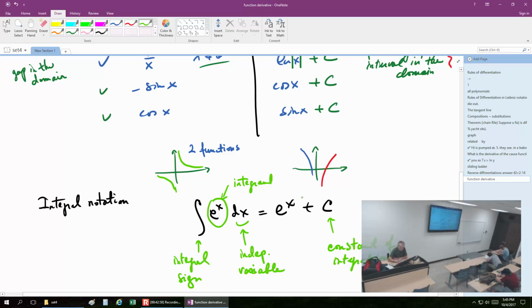The essential part of the answer is the function that precedes c. You know that there will always be a c there, so as long as you don't forget to add it, you're fine.